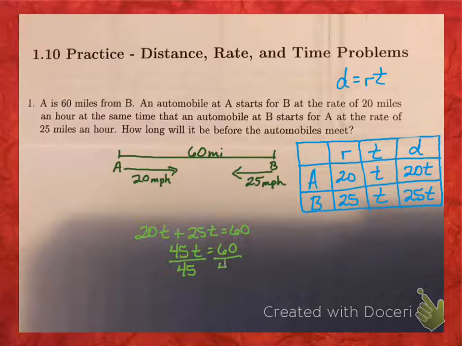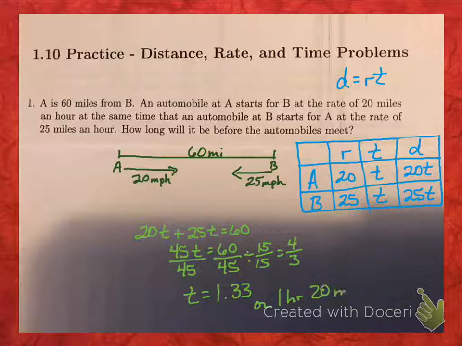Let's divide that by 15 and get that reduced down. 60 divided by 15 is 4. 45 divided by 15 is 3. When we reduce that down, that is 4/3 hours, or 1 hour and 20 minutes. So it takes them 1 hour and 20 minutes, and then they'll meet up.